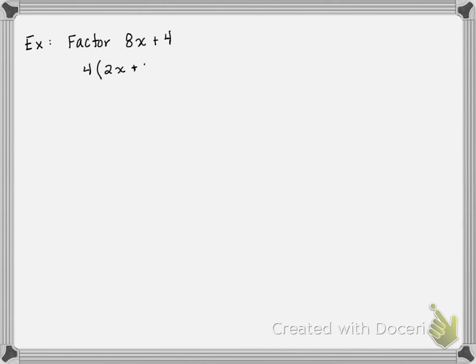Yeah, 1. So we need that 1 there because it's like a placeholder. There has to be something to distribute to get this term. Because if you simplify it without the 1, you don't get 8x plus 4, right? So that second term doesn't ever go away. Even if you pull out the entire thing, you still are left with a factor of 1.